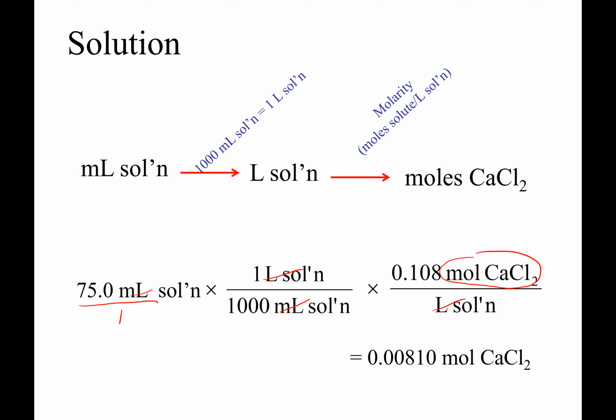And that's why in my answer, these placeholder zeros don't count as significant. It looks like I have a trailing 0 after the decimal, so 0.00810. And then of course the units would be moles of CaCl2. Cool.